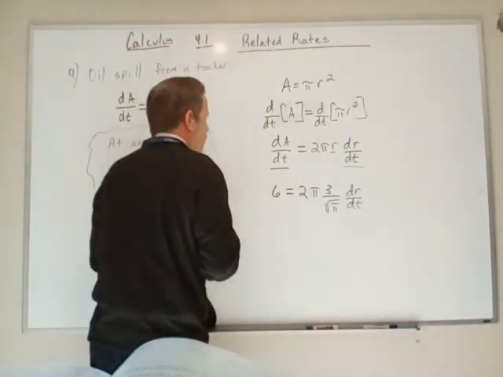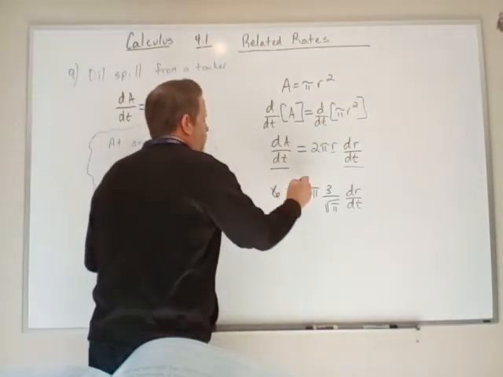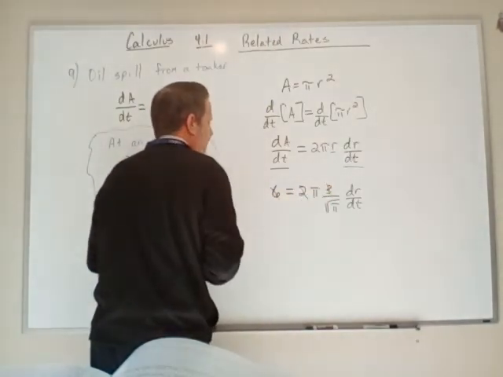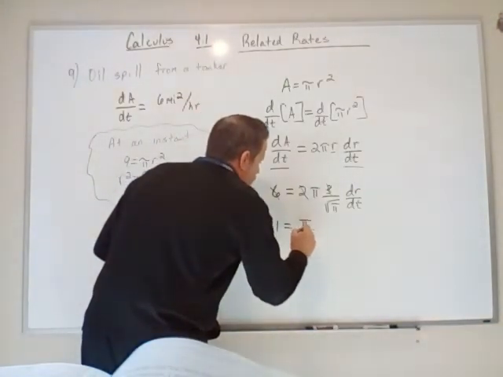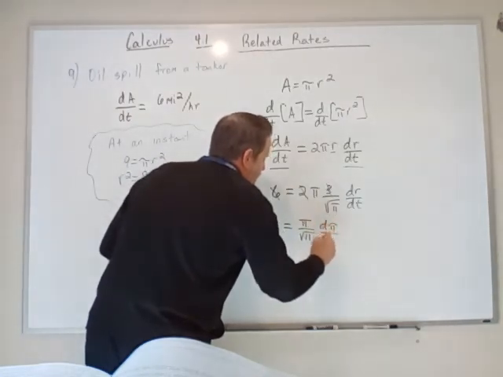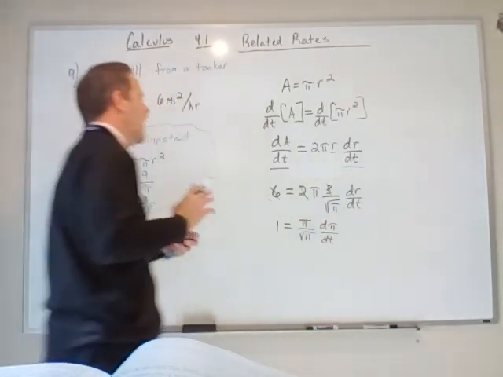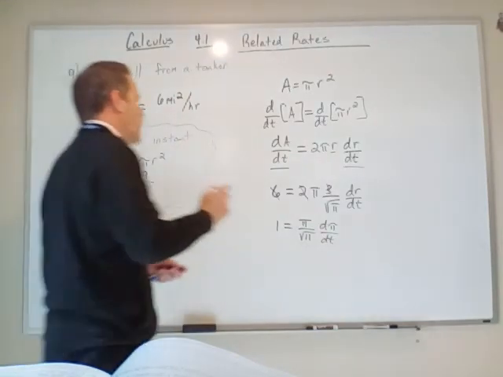First things first, I've got a 6 on the left and a 6 on the right, so those are going to cancel. So I've got 1 equals pi over root pi times dr/dt. So I'm going to multiply both sides by root pi over pi.